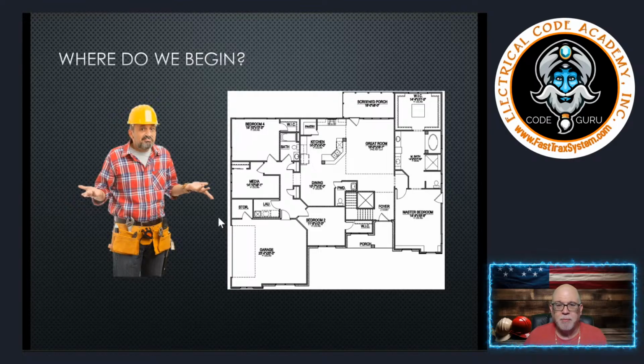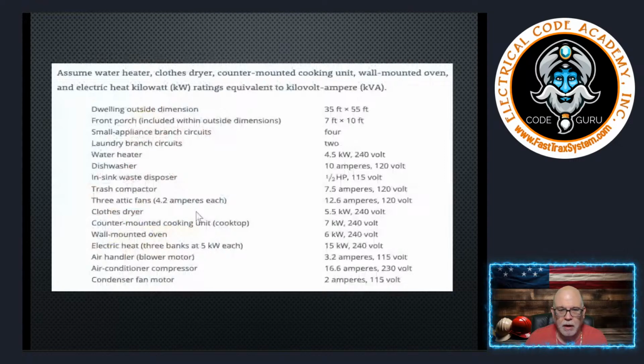Again, if you come in late to this webinar, remember, we are talking 2023 edition. That's it today. It's nearly impossible for me to try to cover all 3 cycles in one webinar. All right. So in today's webinar, we are going to look at a house that has these things that we have pulled together.